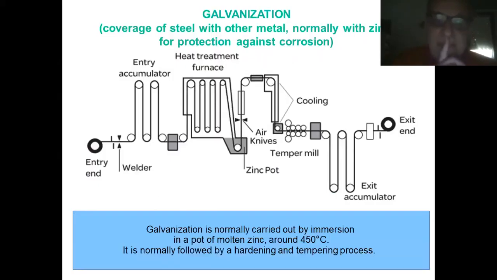I remind you that corrosion can be avoided through the formation of passive layers, oxide layers. So passivation means that you form some oxide layers which are stable.